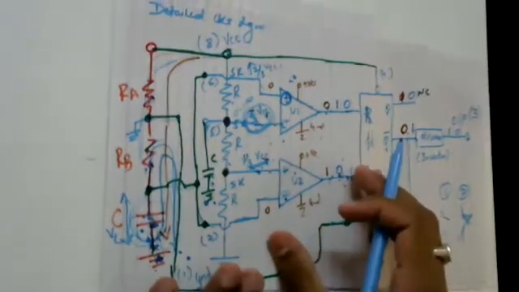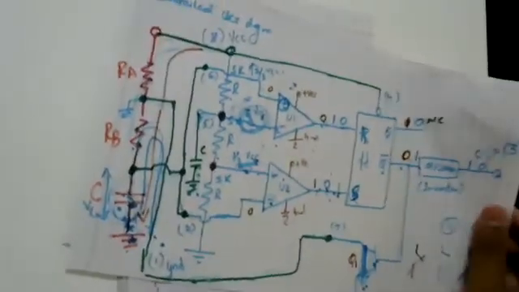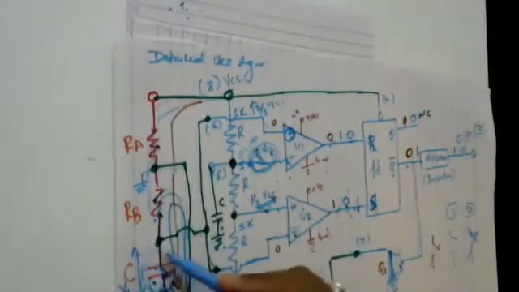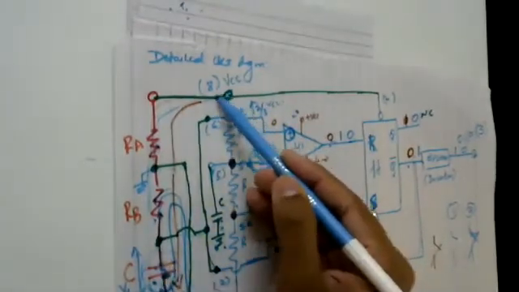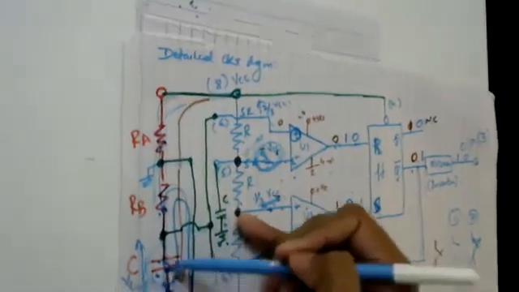Yes, good, Sneha. Yes, resistors have to come, but which resistors? RA and RB. So this capacitor C is going to charge via the path VCC, RA, RB, and ground. Right?